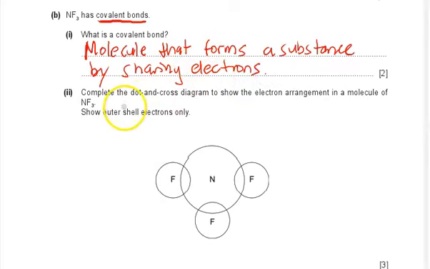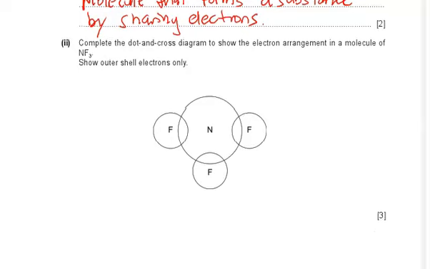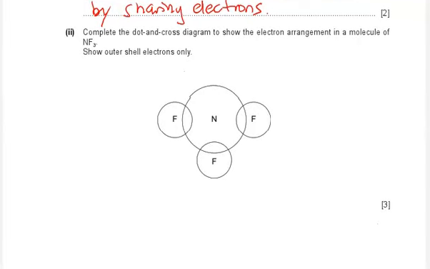Okay, now let me scroll down a bit. Here: complete the dot and cross diagram to show the electron arrangement in a molecule of nitrogen fluoride.